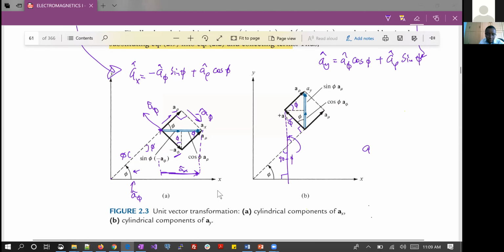And therefore my x prime becomes A rho cap cos phi. That now gives you this idea of the second one.